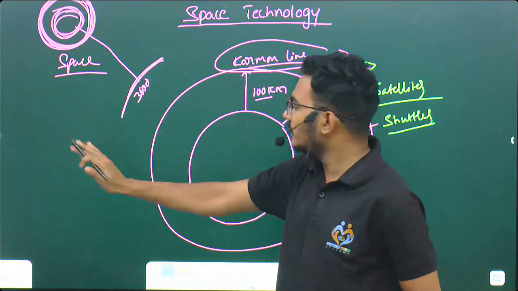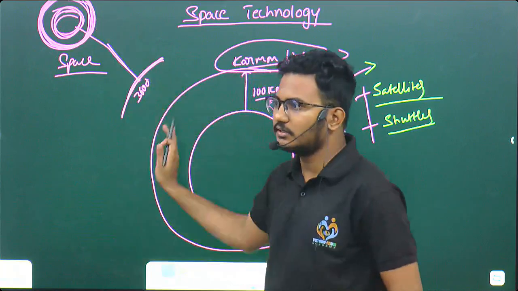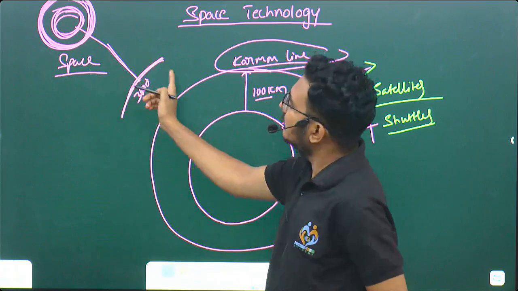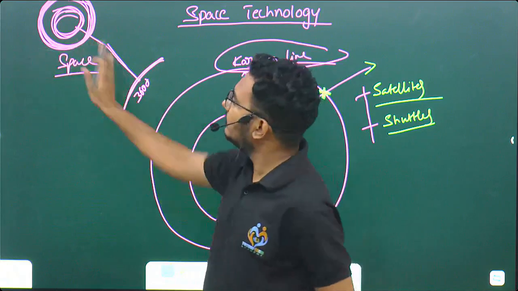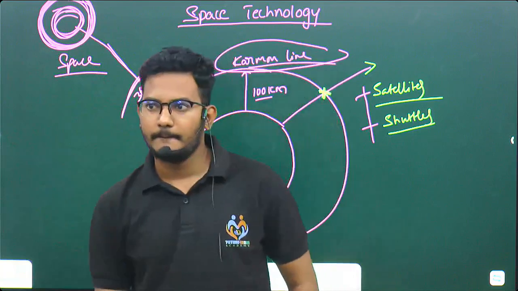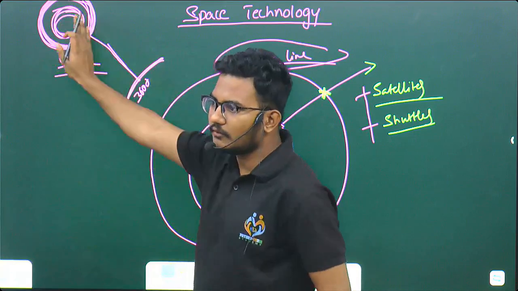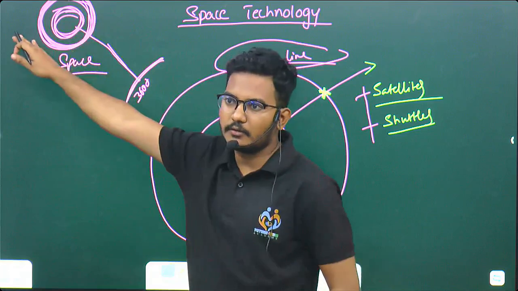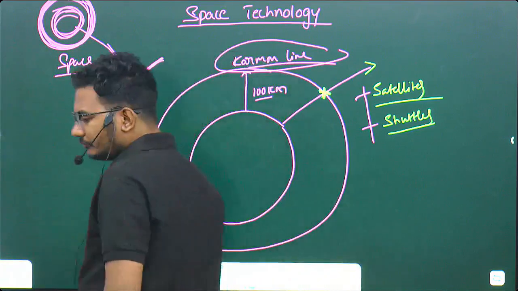Okay, but the thing here is, once you are crossing this 3600, this will become outer orbit, then you will enter into the inner orbit of moon. If you can enter into the inner orbit of the moon, then that is your Chandrayaan. So the outer orbit of earth will become the inner orbit of moon. Okay, understood?